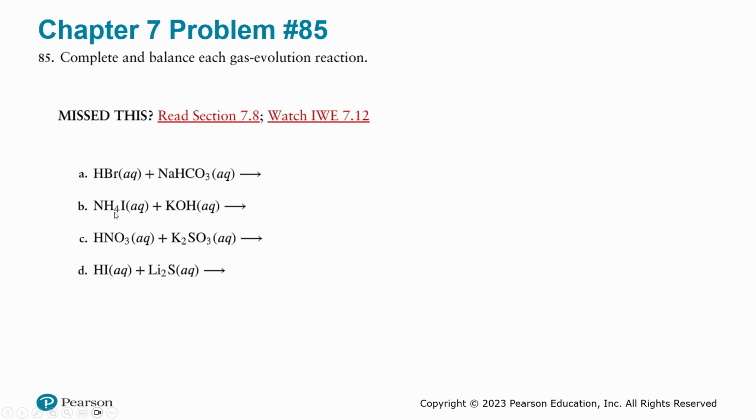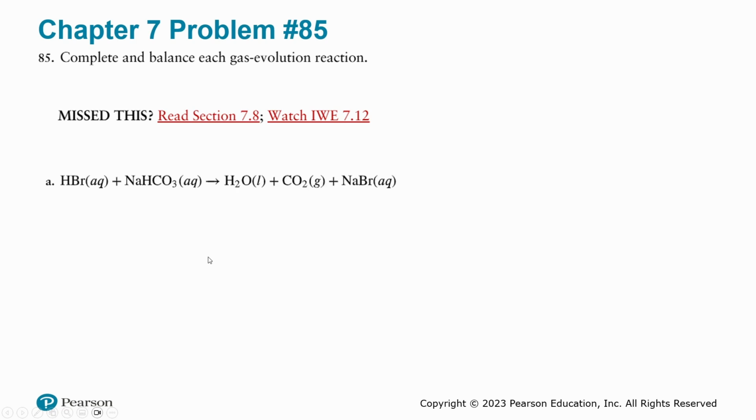Ammonium can turn into ammonia. We'll see that SO3 is also prone to making SO2 gas, or sulfur dioxide. Or actually, I think it's disulfur oxide in this case, but we'll see in a second. And then hydrogen iodide gives off dihydrogen sulfide.